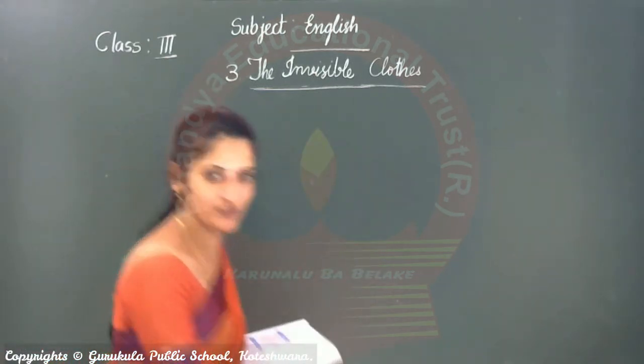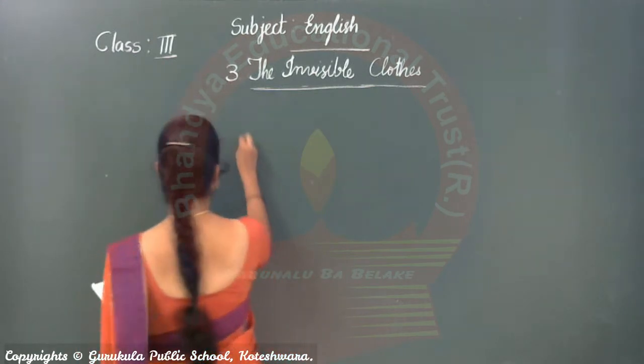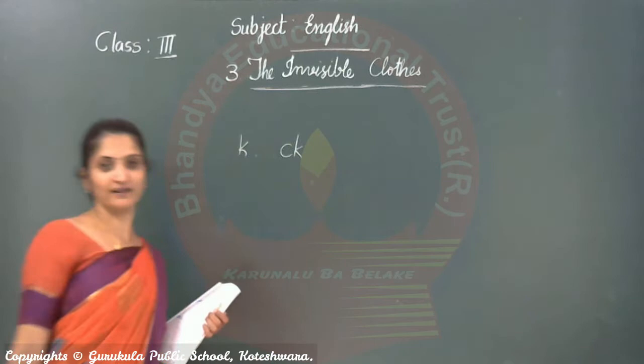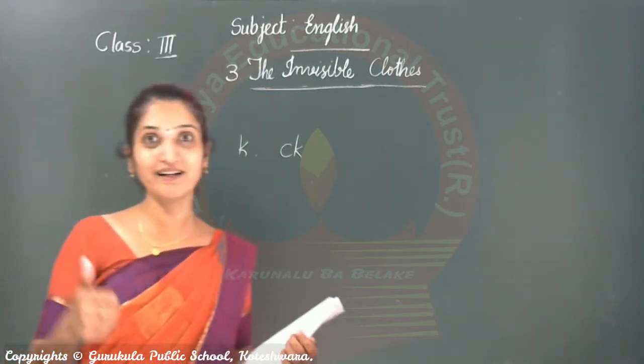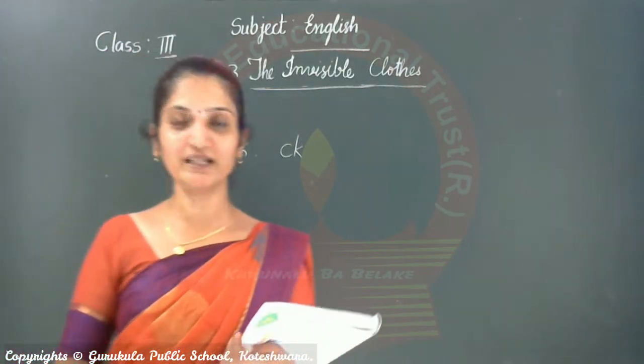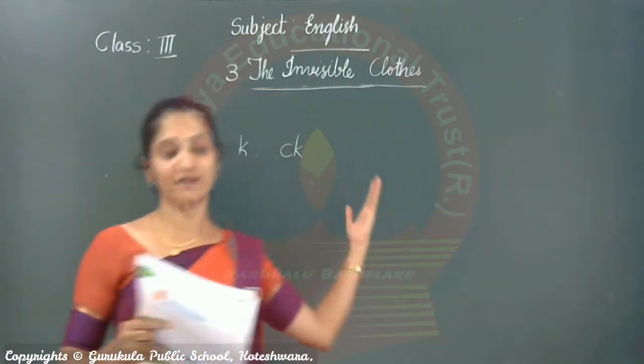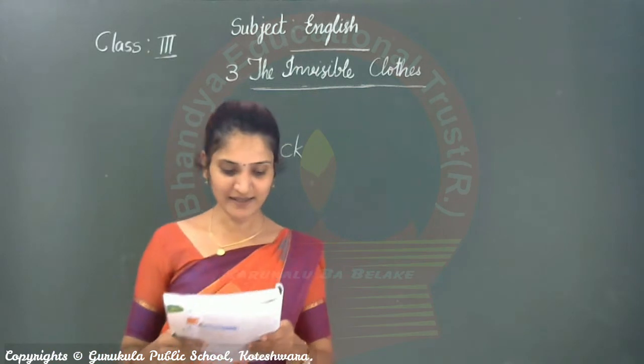See how it is, K, K, then CK, K. You know in Kannada, right? Khadga, K. You pronounce it with a little stress. Like that.